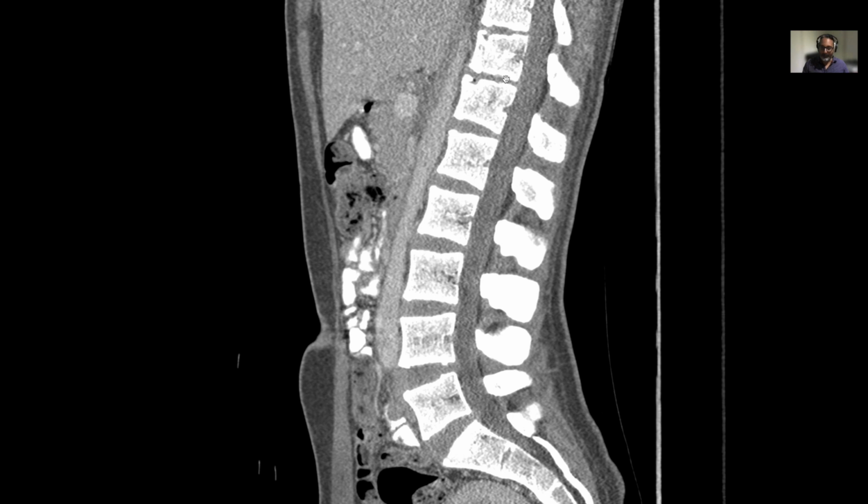Then you will look at the intervertebral discs. You should see that they have more or less an even space between them, and you can see the intervertebral discs in all of these different levels. If you're really looking for protrusions, you can see protrusions here.